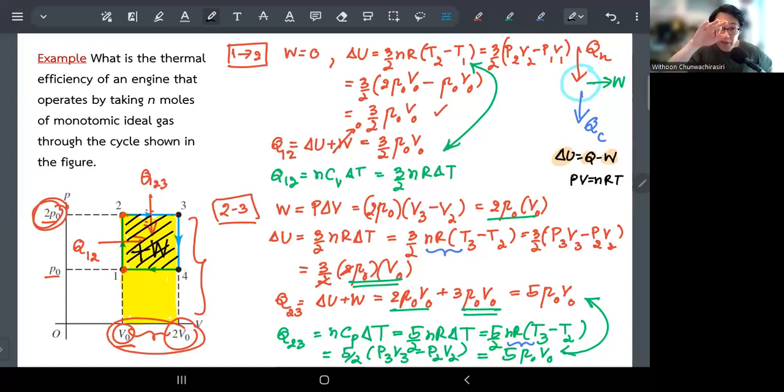Because on the way to the right, 2 to 3 has the area of that yellow region over there. If you go back from 4 to 1, you have to calculate the work done underneath, which is going to be negative. So think of it like a left-to-right expansion from 2 to 3, and then from 4 to 1, you do the contraction.